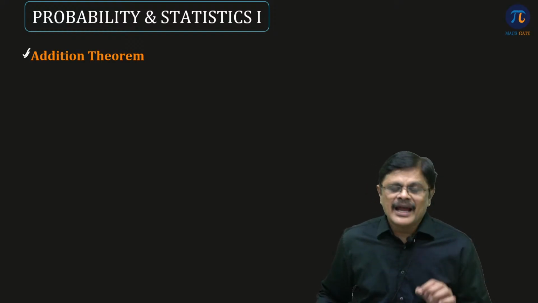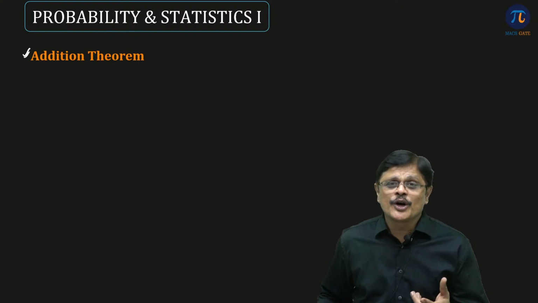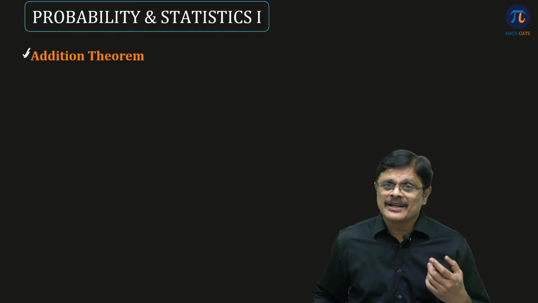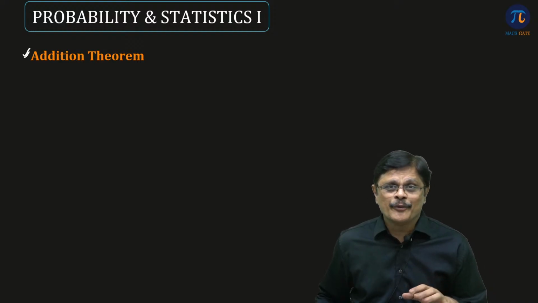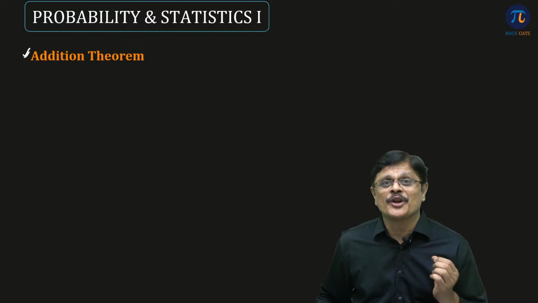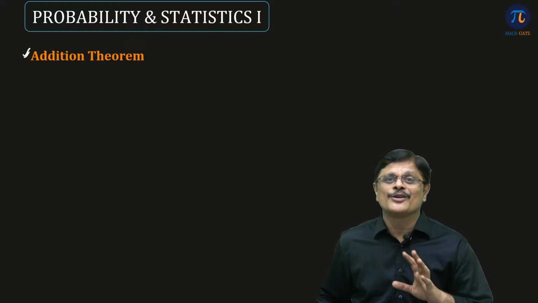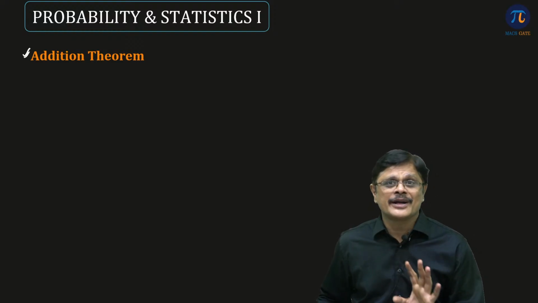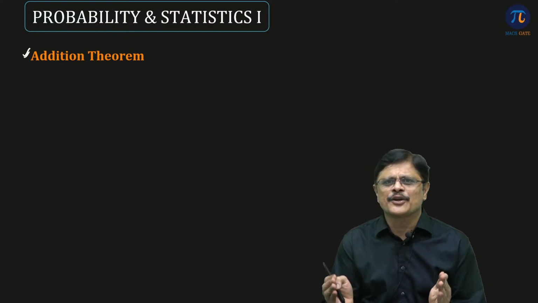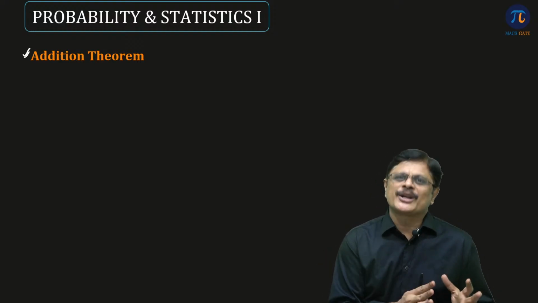Am I clear? After the addition theorem, from tomorrow onwards, we are going to start with the most important concept, that is conditional probability. But this time I am going to take you to the next level, where we also discuss one of the machine learning algorithms called naive Bayes. Today it is basic probability part 1.